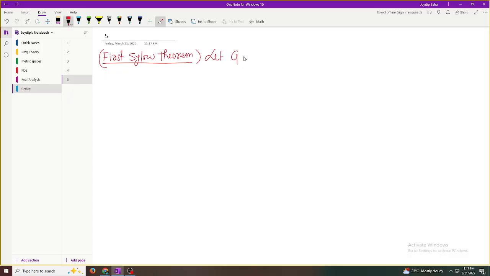Let G be a group of order P to the power n times m, where gcd(P, m) is 1, with n greater than or equal to 1. That means P divides the order of G. P is a prime.